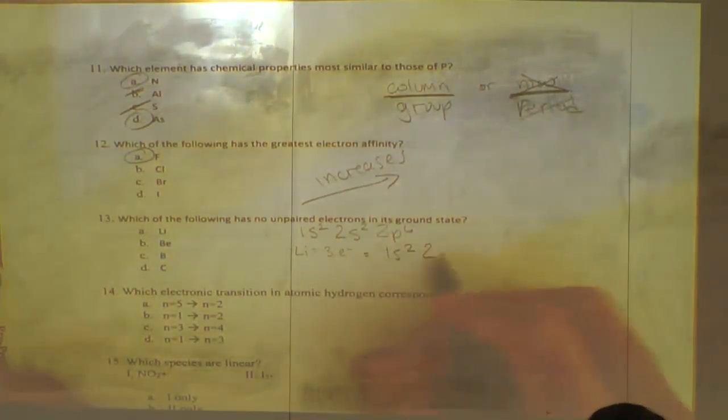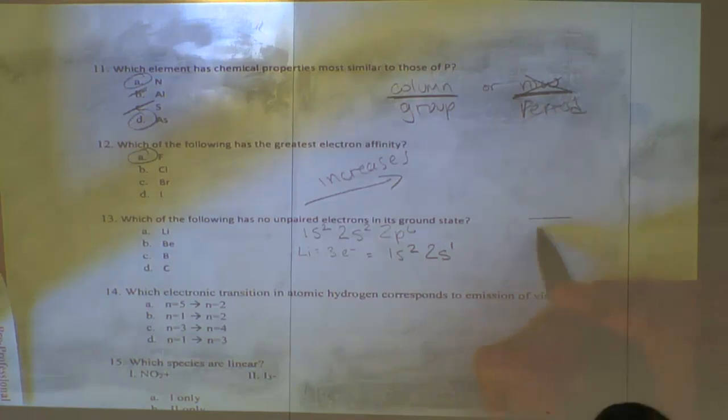So lithium has 3 electrons, which means it's going to be 1s2, then 2s1. If we draw this 2s, how many electrons are in there? Is that paired or unpaired? It's unpaired.